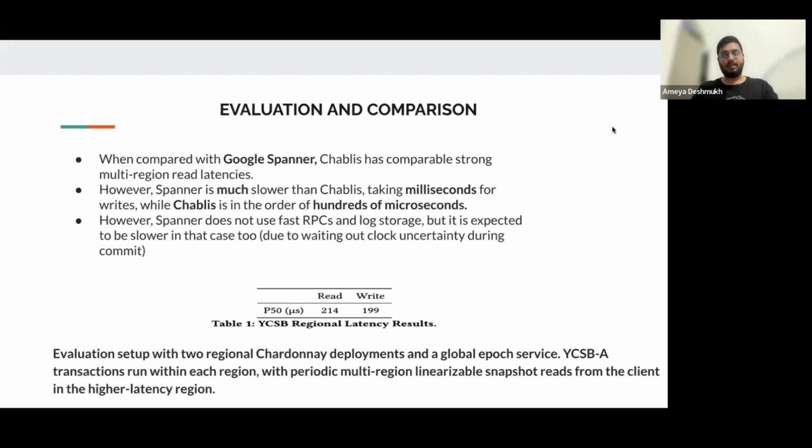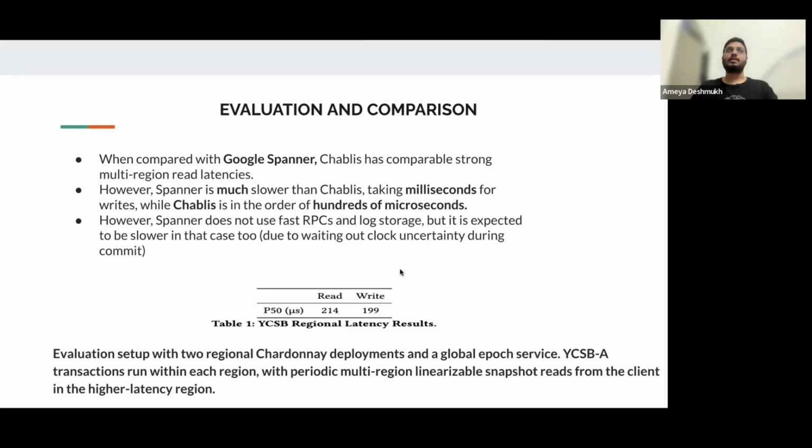So, yeah, the final part: evaluation and comparison. The authors have compared it mostly to Google Spanner, which has pretty good multi-region read latencies. The benchmark used is the YCSB benchmark. P50 essentially means you do 50% reads and 50% writes.